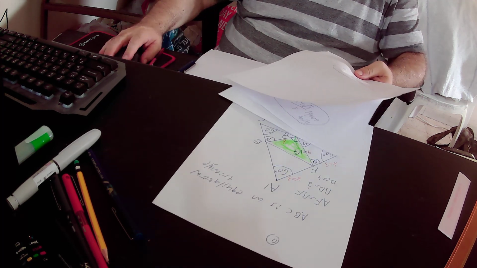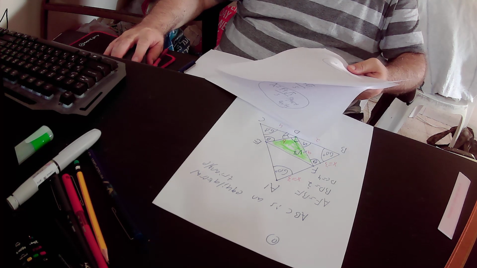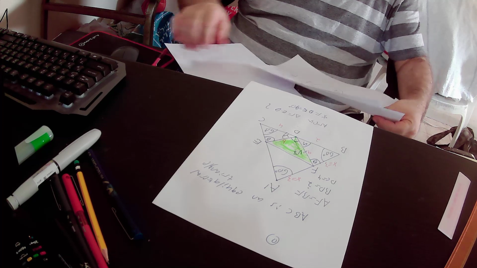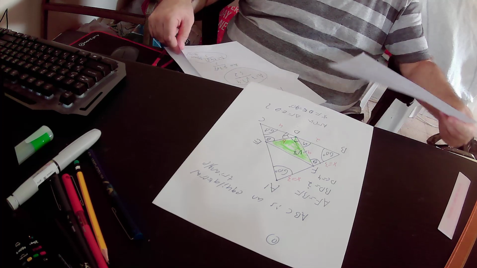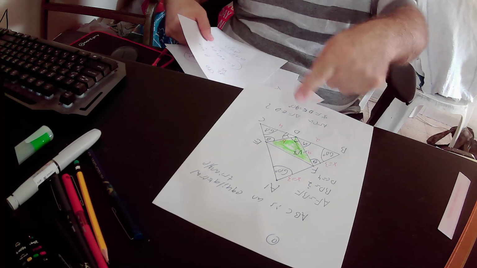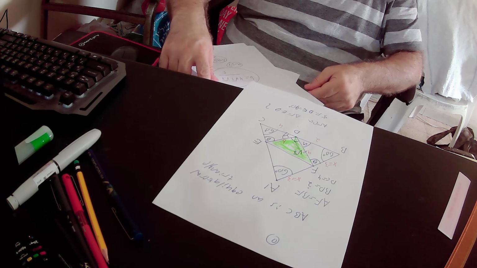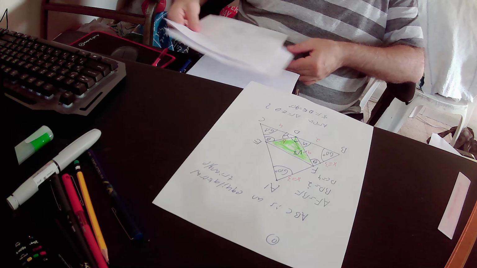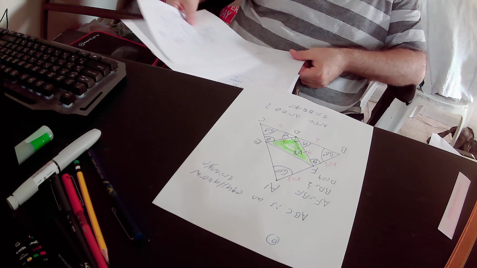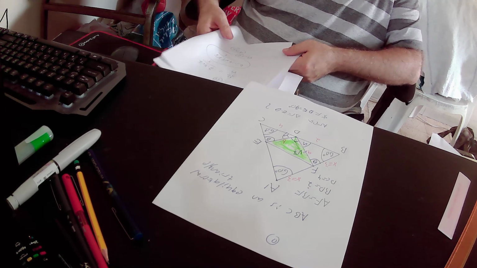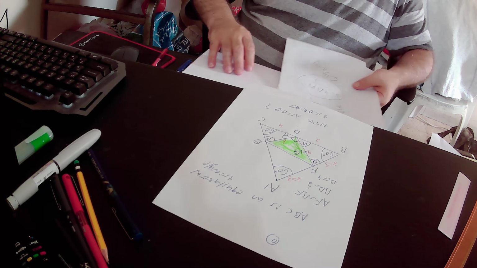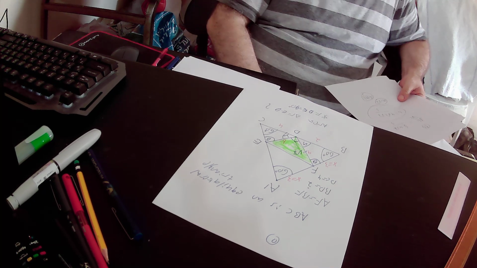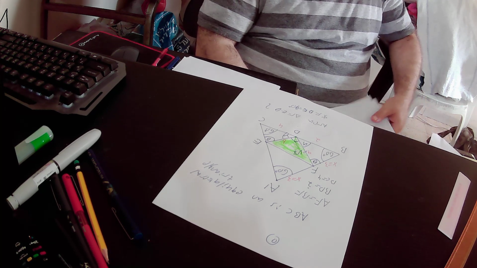Okay, now I will summarize the lecture. Actually, we wanted to find out the area of the green triangle, and we have that triangle ABC is an equilateral triangle.